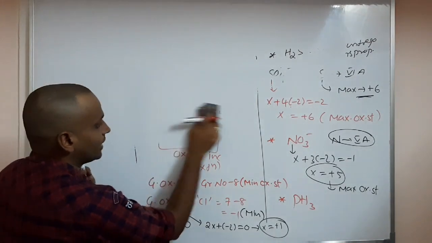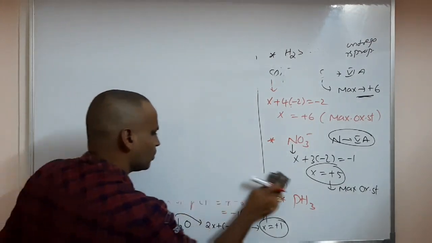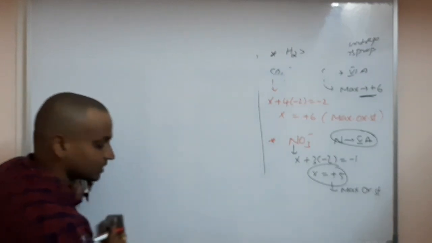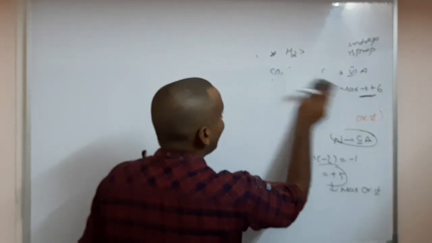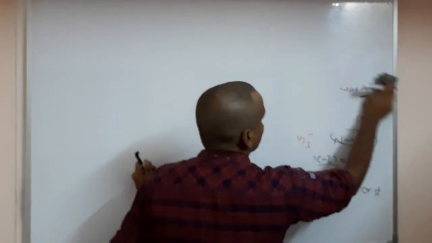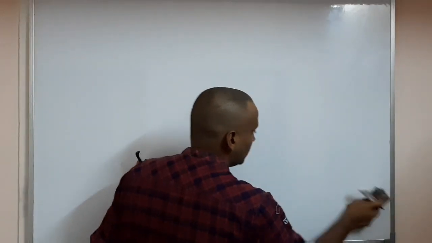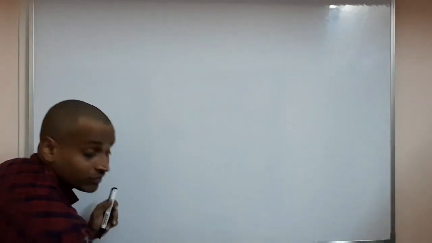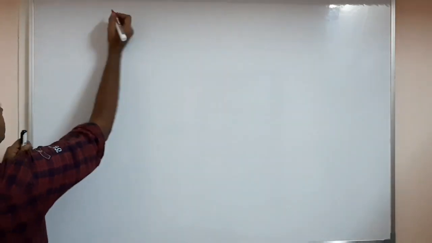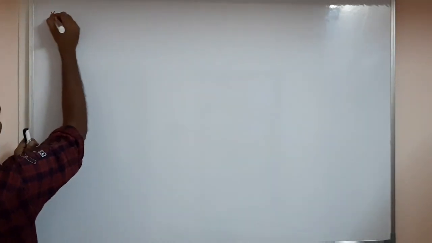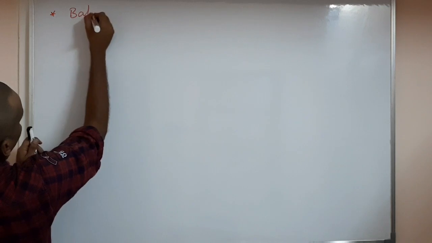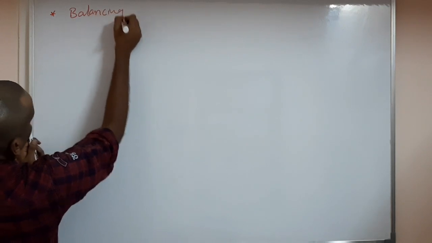Next we have the most important topic in this chapter, that is balancing of redox reactions. Very, very important. So our next topic is balancing of redox reactions.